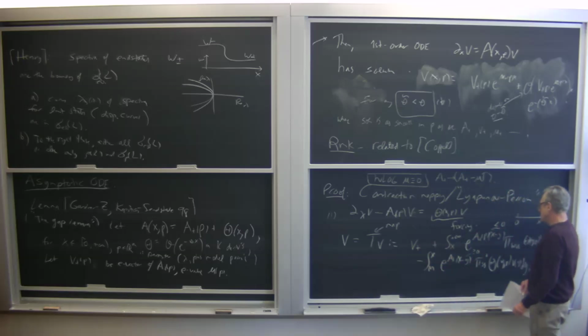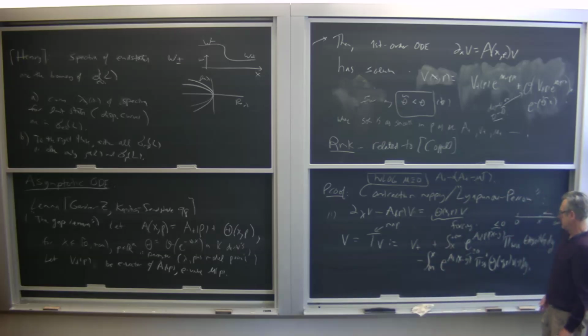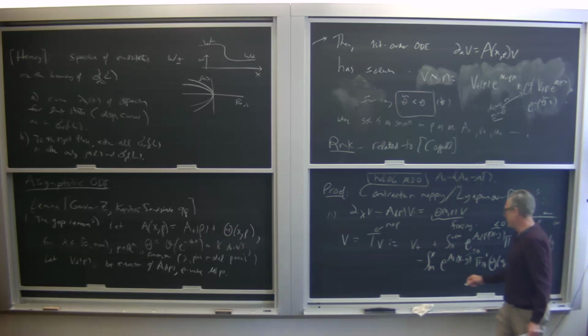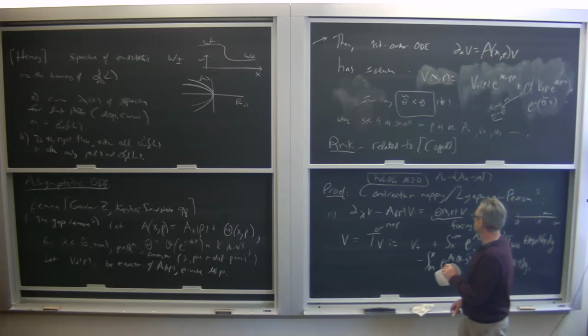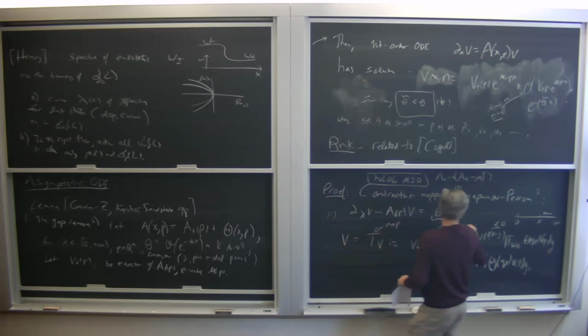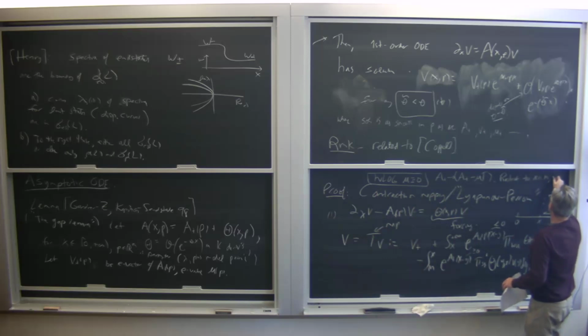I forgot to put the letter at the bottom of the integral, M. Okay. So what I'm going to do now is restrict to x in M infinity, M large.